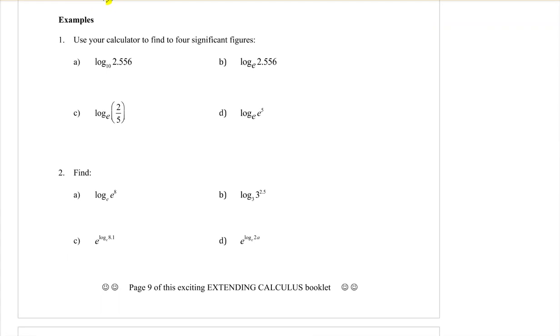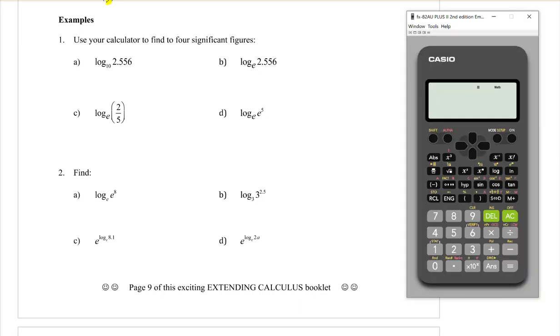Question 1, use your calculator to find the following to 4 significant figures. And I'm sure you probably remember how to do this as well. So grab your calculator. The first one says log base 10, which means that you use the one that says log. You don't have to type the 10, remember, that's done for you.